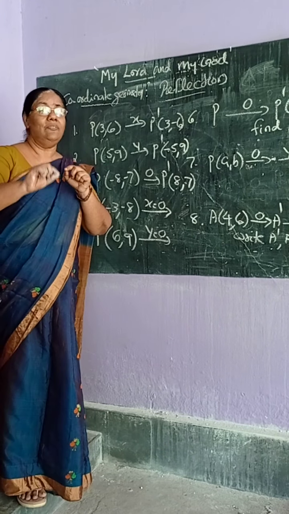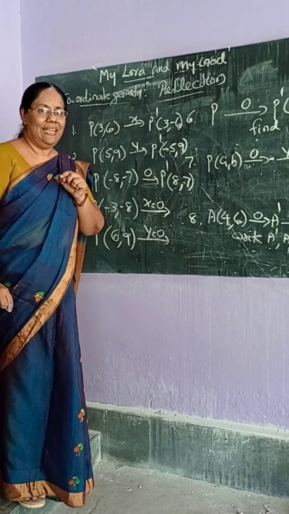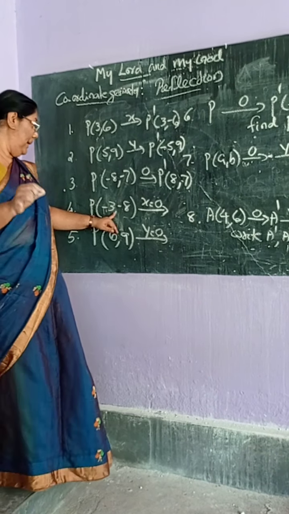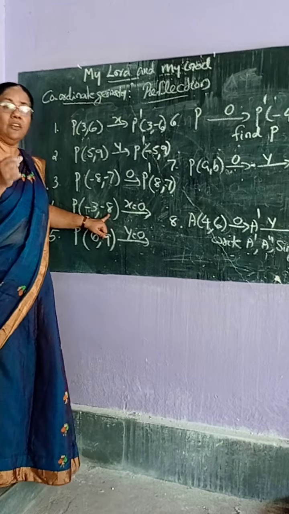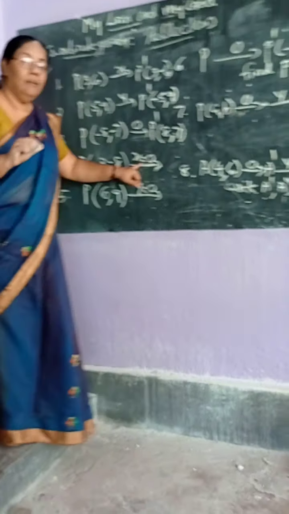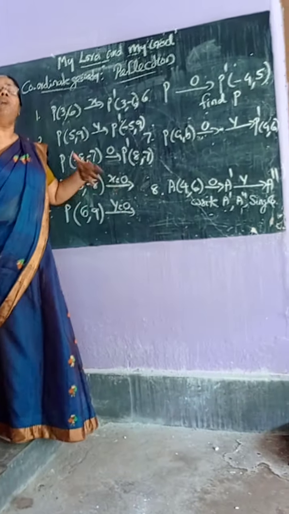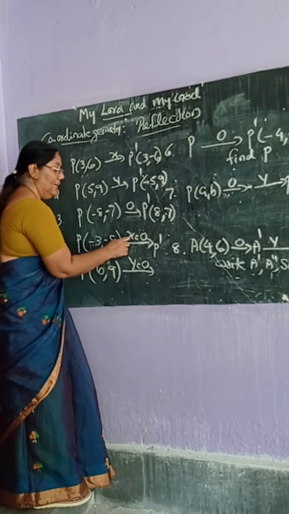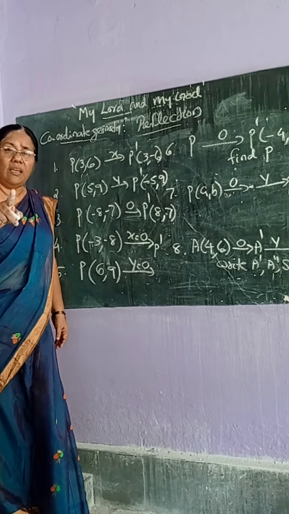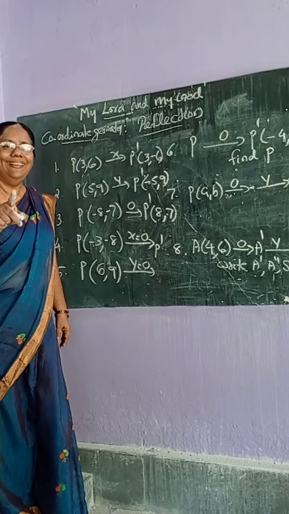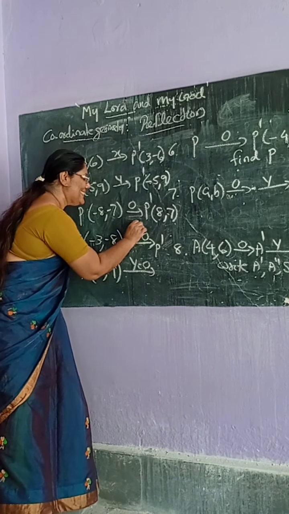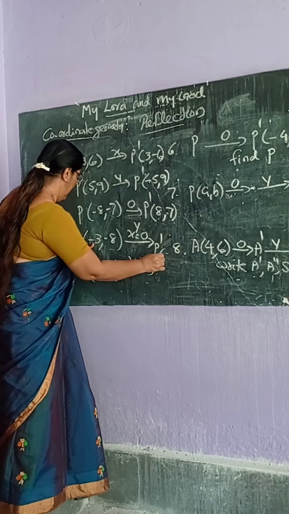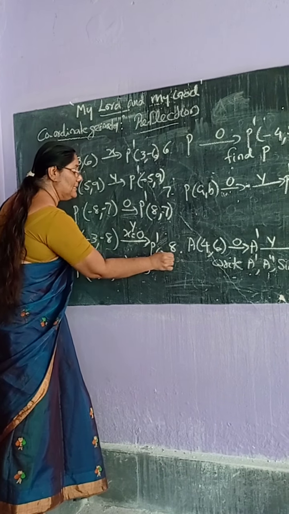Actually, the sentence is very lengthy. Understand? Then, actually the question is, when a point P (-3, -8) is reflected in the line x equal to 0, what is the image? Here, can you say P dash? x equal to 0 is the equation of the y-axis. Therefore, y-axis means x changes. Therefore, the answer is (3, -8).